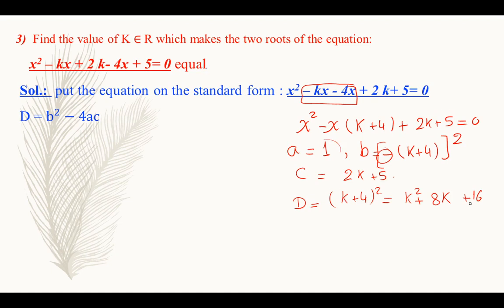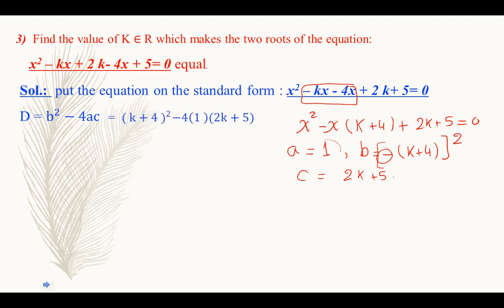Let's solve it together again by using the PowerPoint, step by step. Here c equals 2k plus 5. The discriminant will be b² minus 4ac.